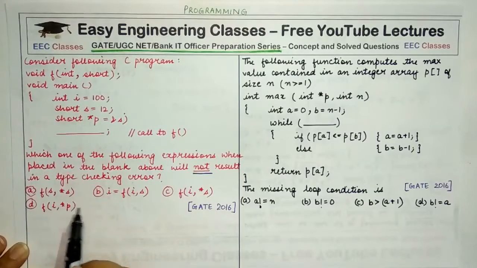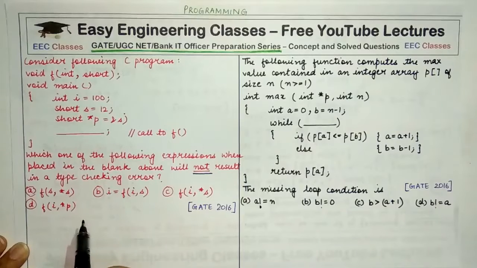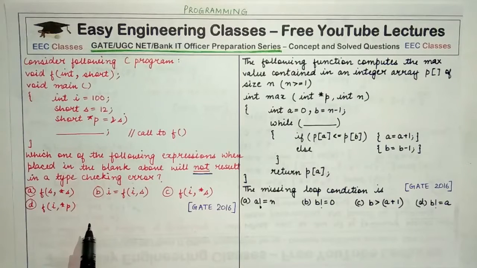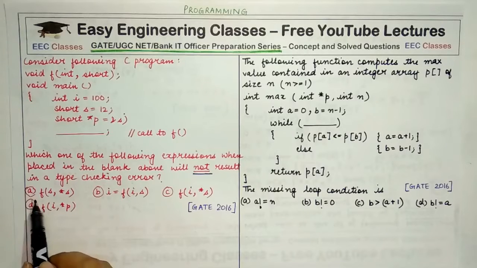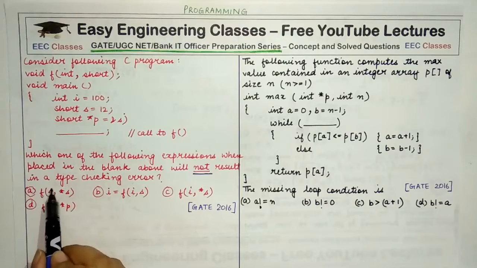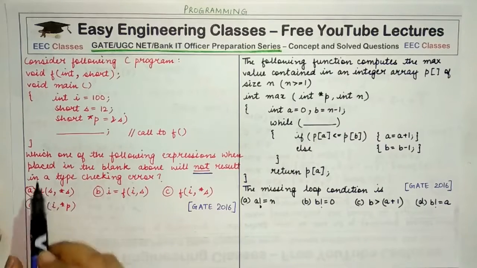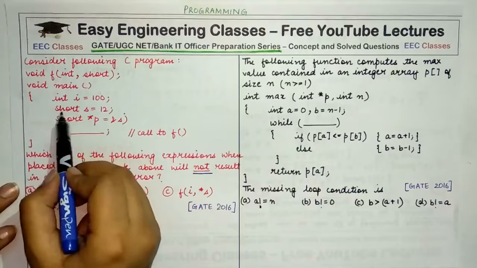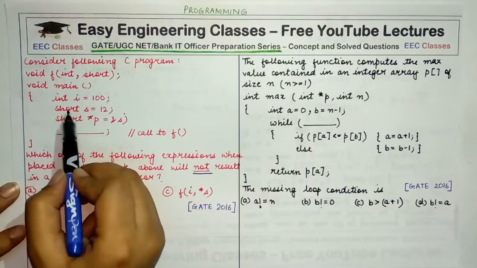Out of the four options we have been given, we'll check which is correct and which is wrong. Coming to the first option, A states that the first parameter passed is s. Now s has the data type short.